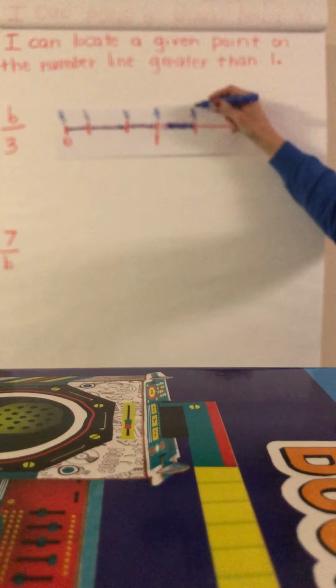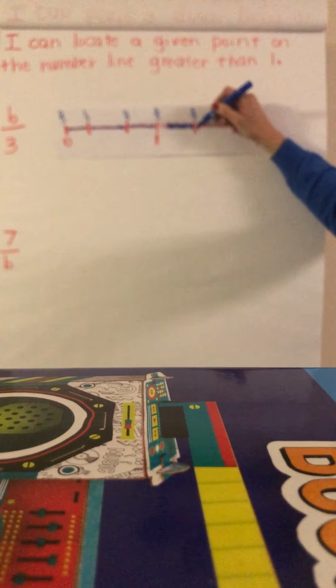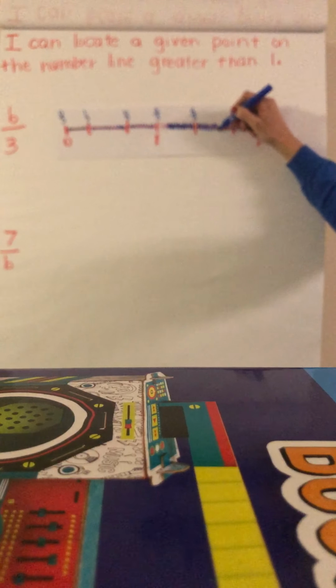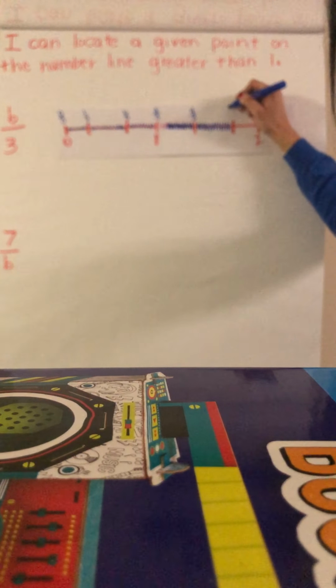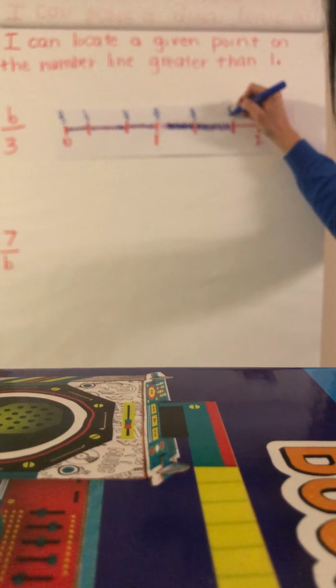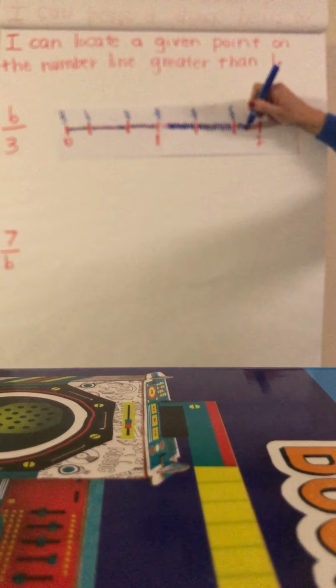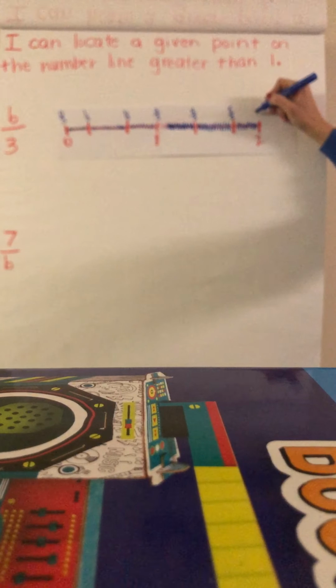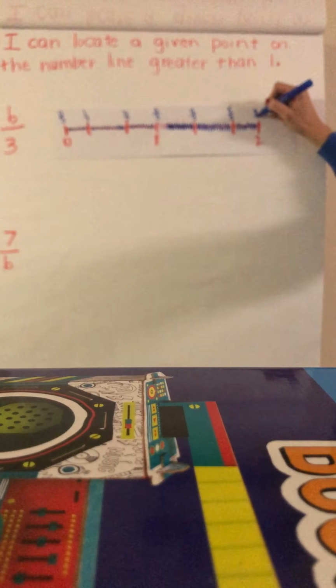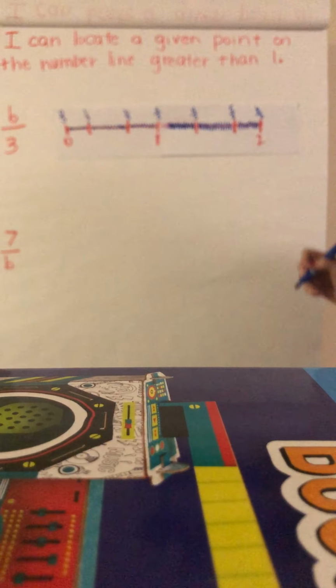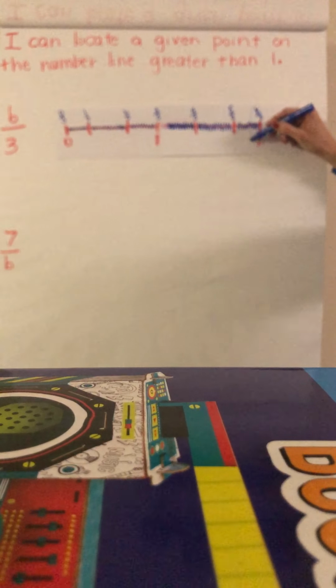Then, when I get to this hash mark, 5/3. And then finally, we're going to shade one more time to find 6/3. And here we are at 6/3.